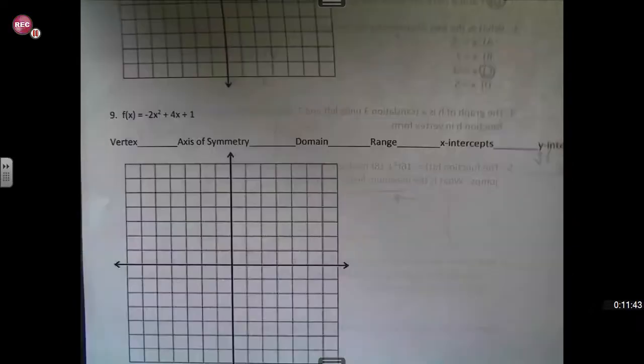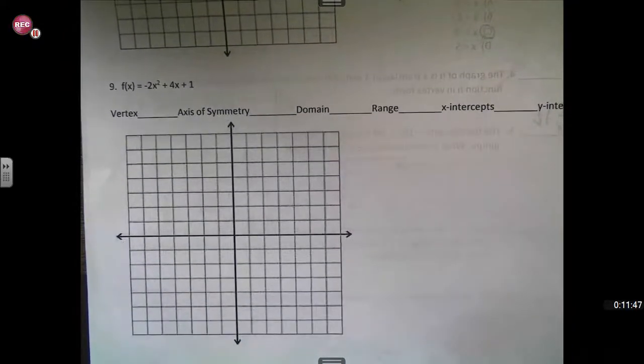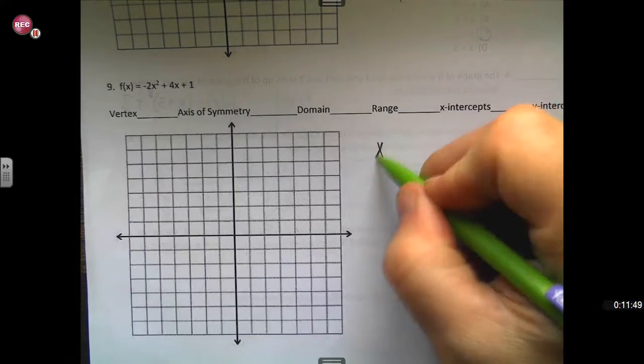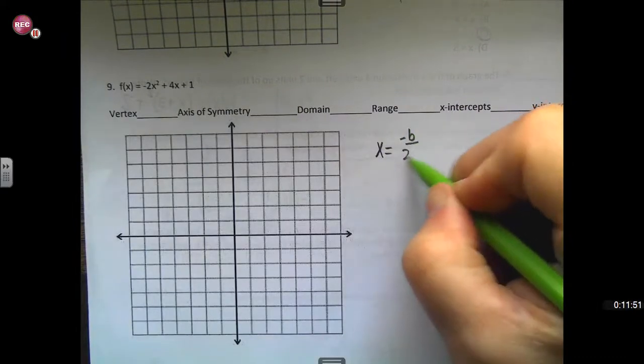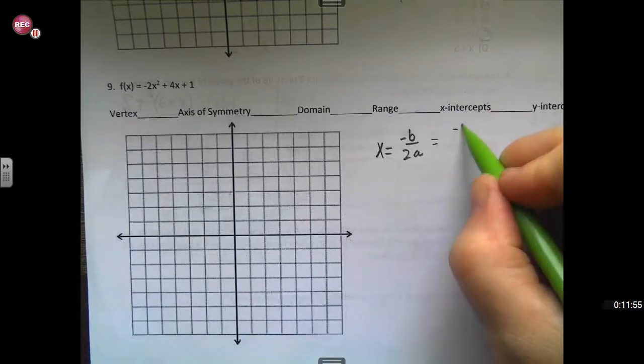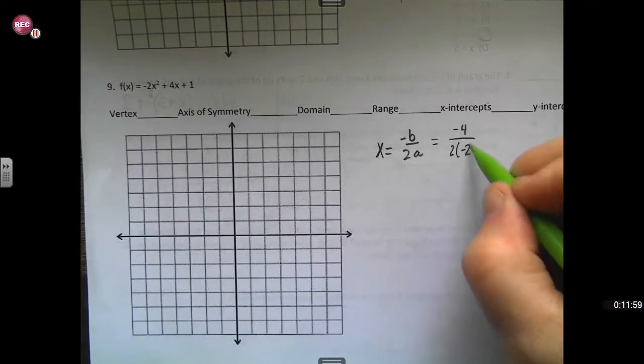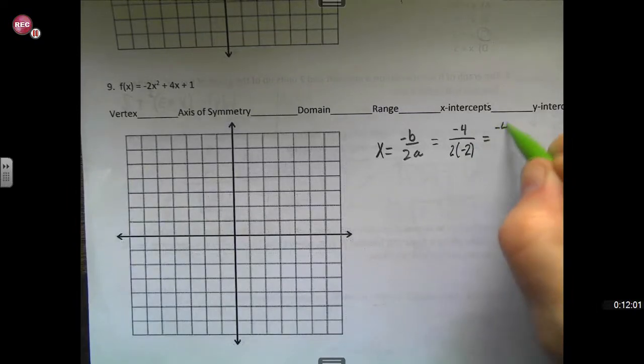The second one is in standard form. So to find the vertex, I use that x is the opposite of b over 2a. So that would be negative 4 over 2 times negative 2, which is negative 4 over negative 4, which is 1.